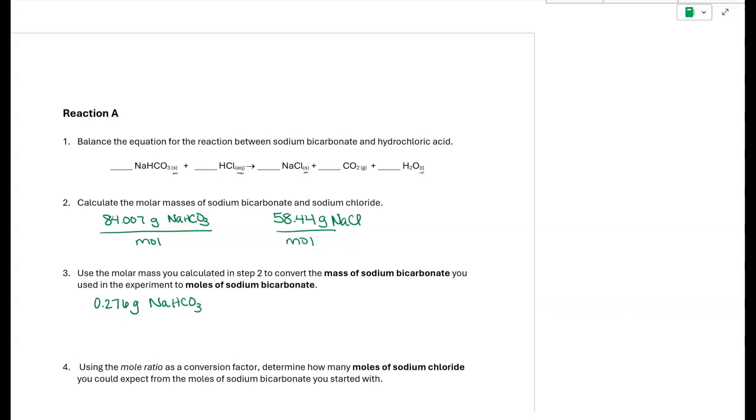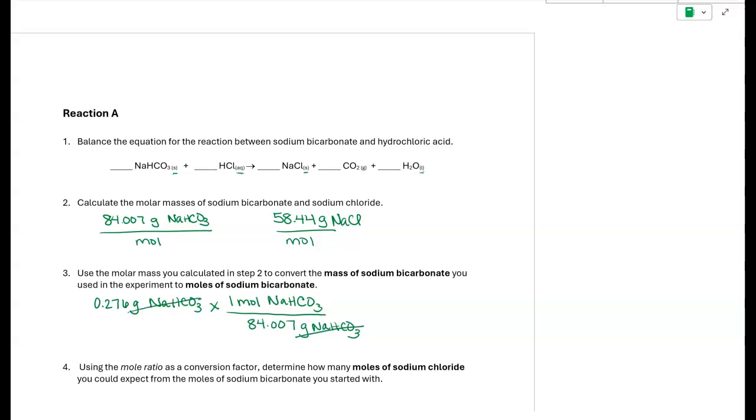And then we're going to multiply that by 1 mole of sodium bicarbonate to every 84.007 grams. And then what happens is we're canceling our units, so we're canceling grams, and we're left with moles.